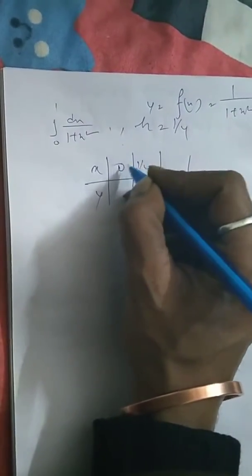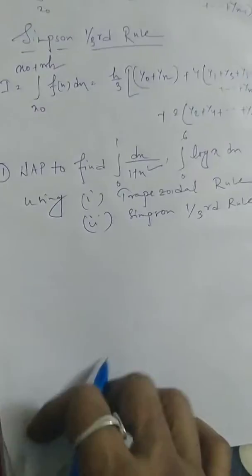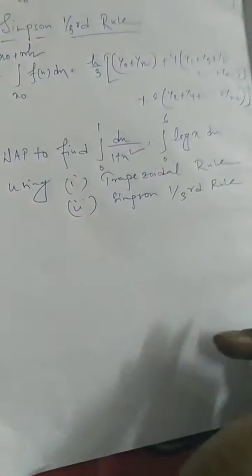So x equals 0, then 1 by 4, then 1 by 2, then 3 by 4, then 1. Subsequently we will get 5 y values: y0, y1, y2, y3, y4. When we do the same thing using a program, we have to use the same logic in the program.